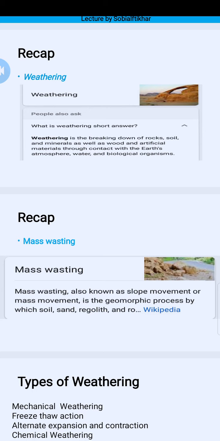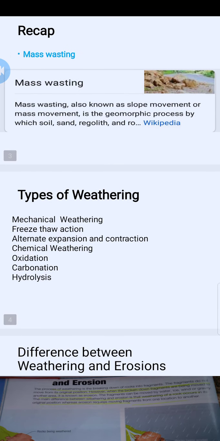And what is mass wasting? Mass wasting, also known as slope movement or mass movement, is the geomorphic process by which soil and loose material on a slope are dragged down to the ground.